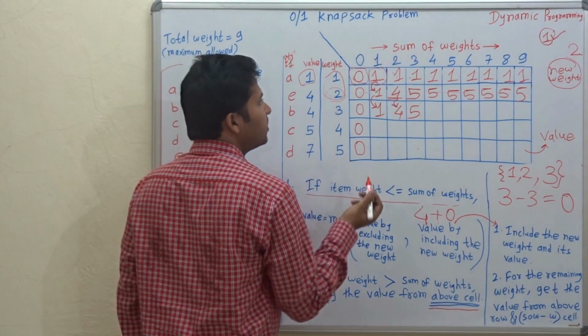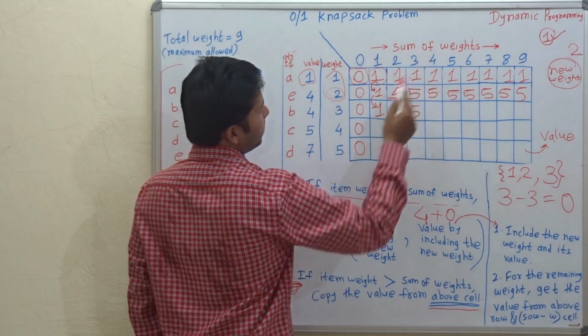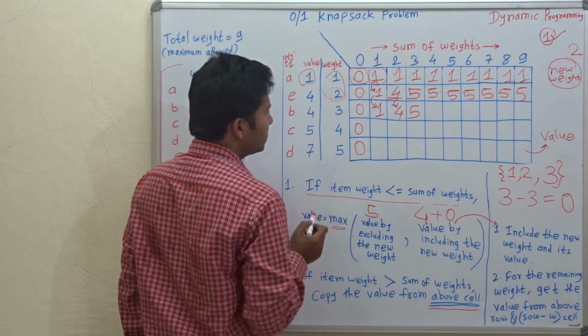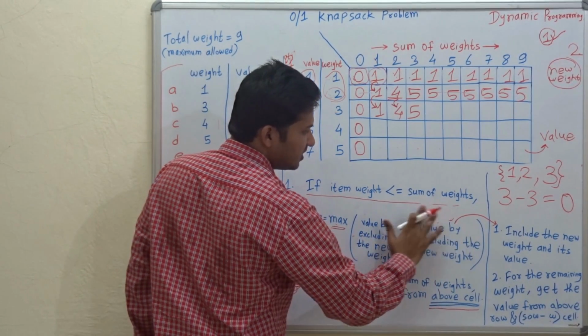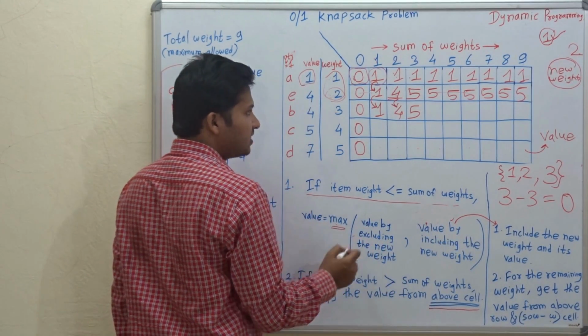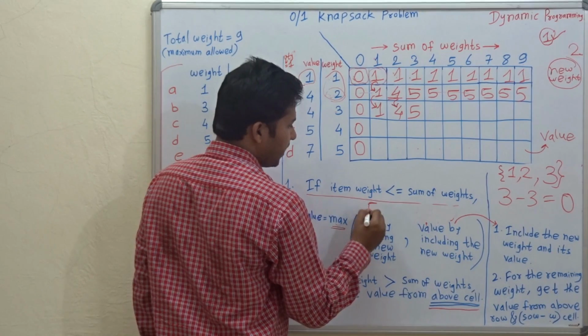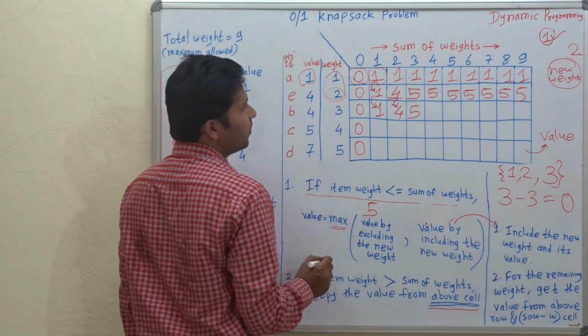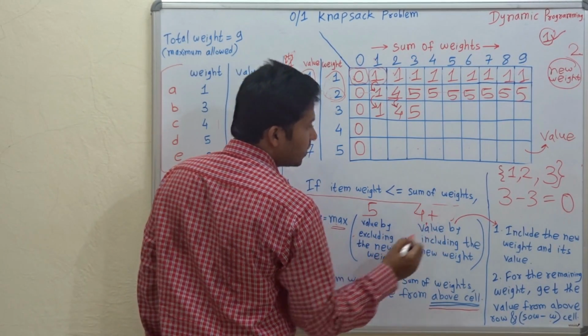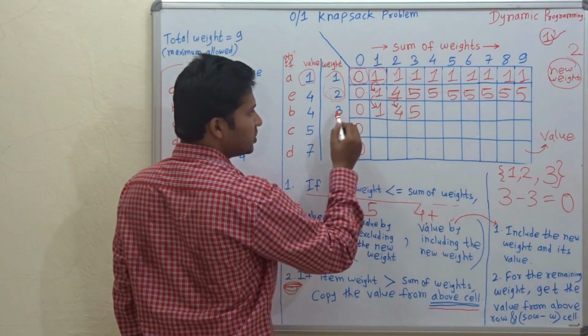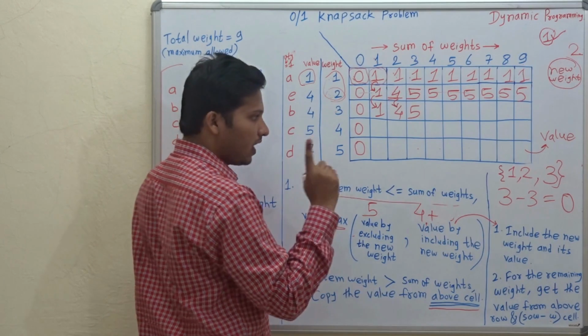Okay. Let's go to the next cell. For forming 4, can you use 3? Yes, you can use. So let's follow these steps again. Value by excluding the new weight, that is 5. Value by including the new weight, yes, include 3 and its value, that is 4. And 4 minus 3 is 1.